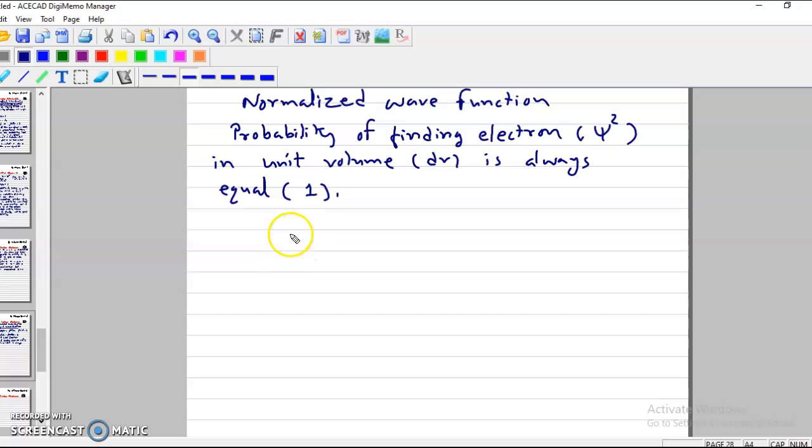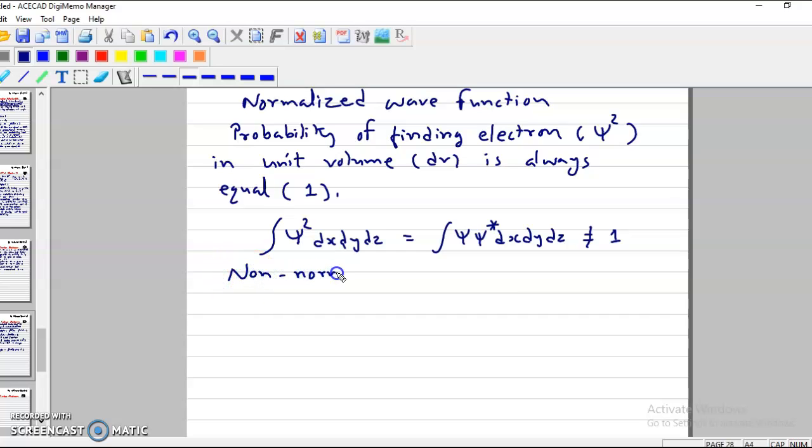Okay, and if psi square dx dy dz, or psi into psi star dx dy dz, is not equal to 1, that means the probability is not equal in all directions, then such a function is called a non-normalized wave function.